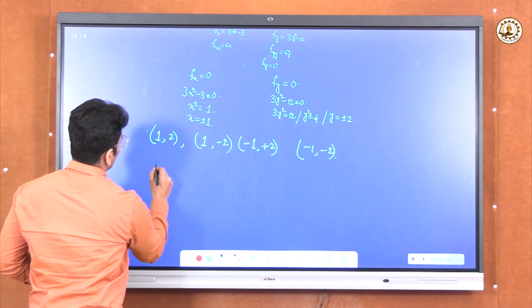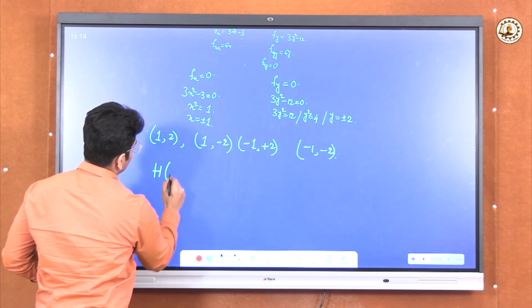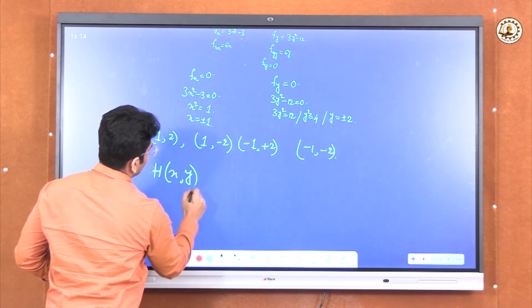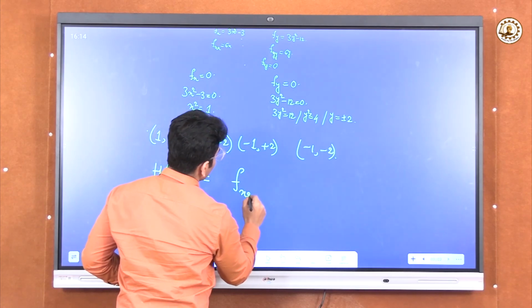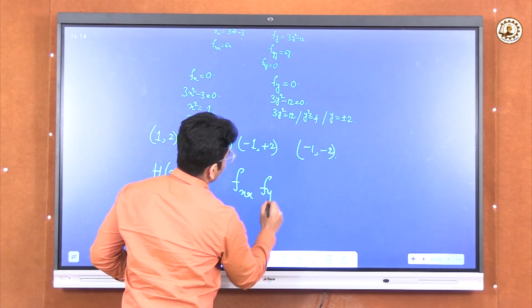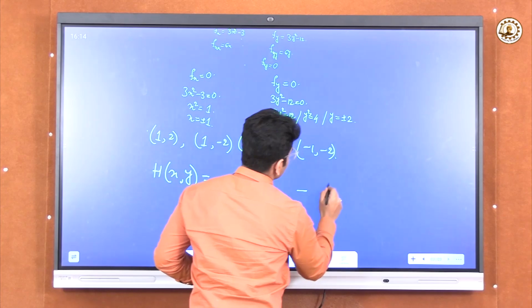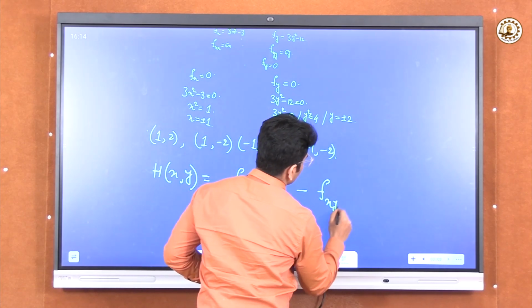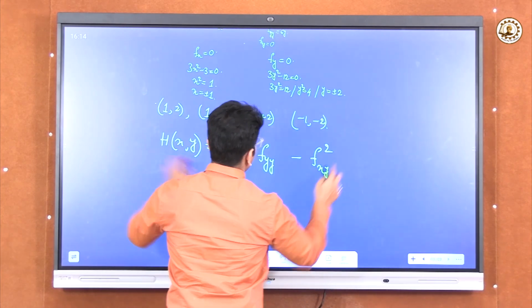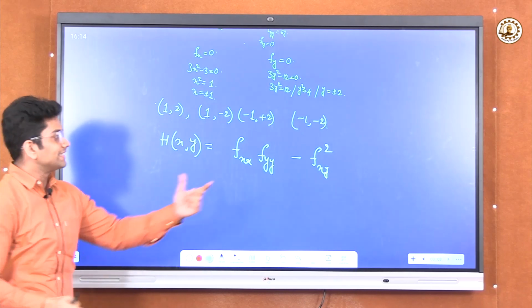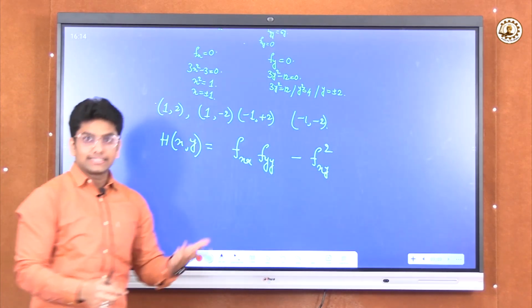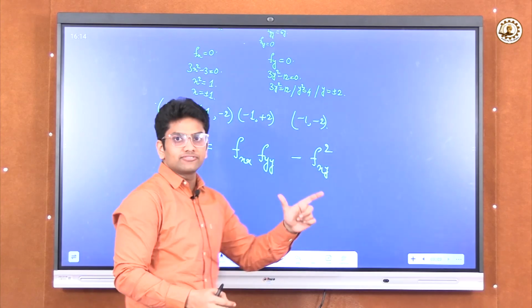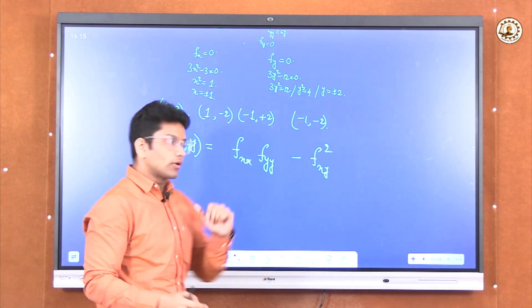Now we define h of xy equal to f of xx times f of yy minus f of xy whole square. If this expression is positive at some point, then maxima or minima will exist. If this expression is negative, then maxima and minima will not exist.